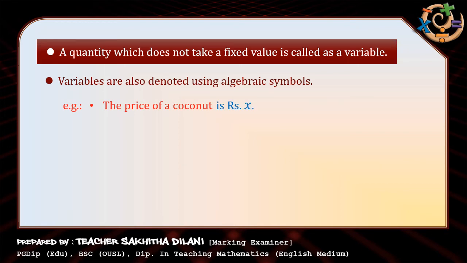The next example, the number of limes contained in 1 kilogram of limes. We learned that it is also a variable, so you can represent it using an algebraic symbol. The number of limes contained in 1 kilogram of limes is A.